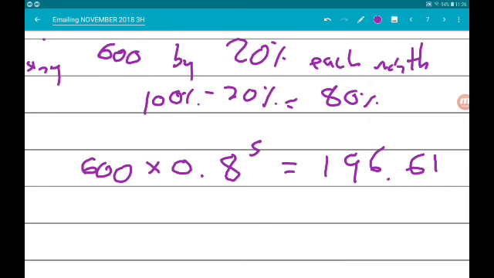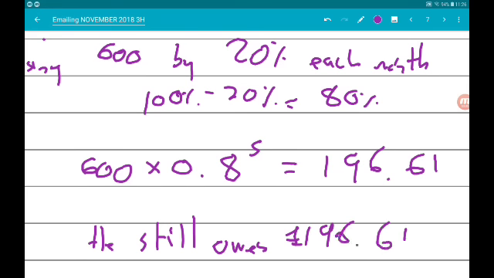So he still owes £196.61p. So again, what he should have done is paid back 20% of £600 each month. So £120 every month. Bad dog.